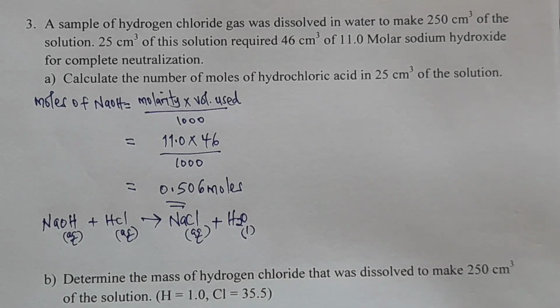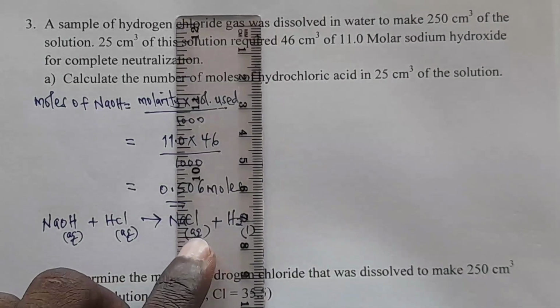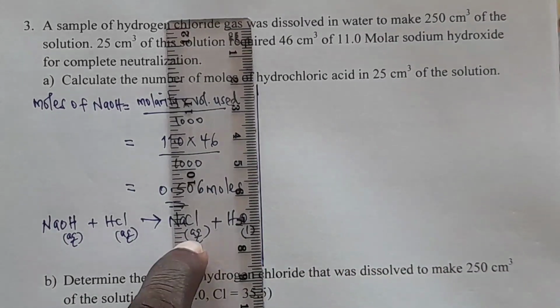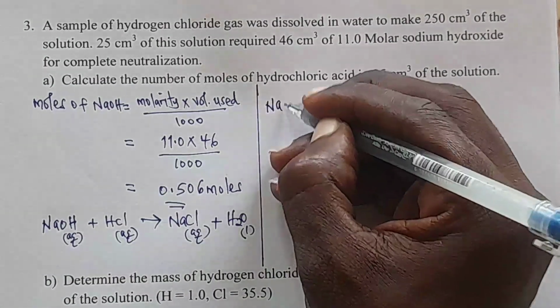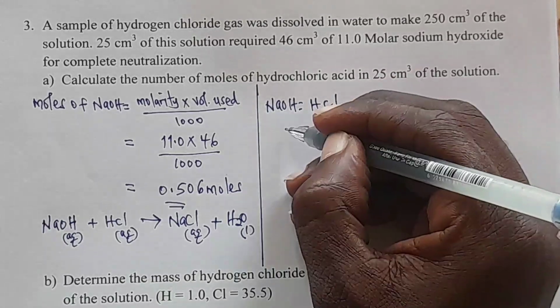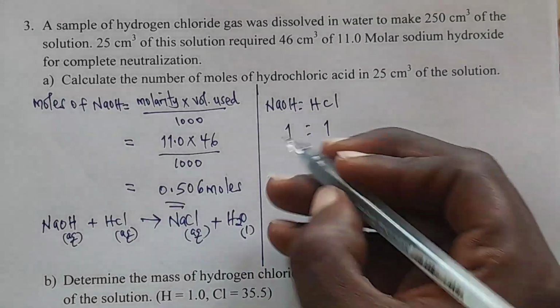So next we want to get the mole ratio between sodium hydroxide solution and dilute hydrochloric acid. So we say sodium hydroxide ratio hydrochloric acid. It is 1:1.